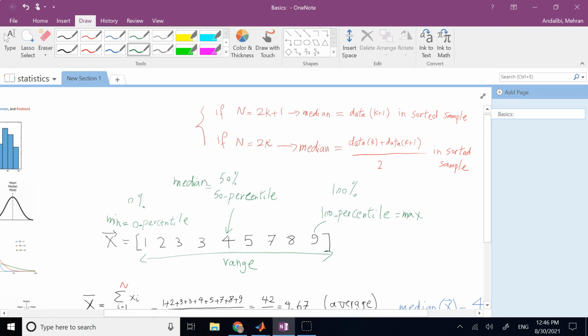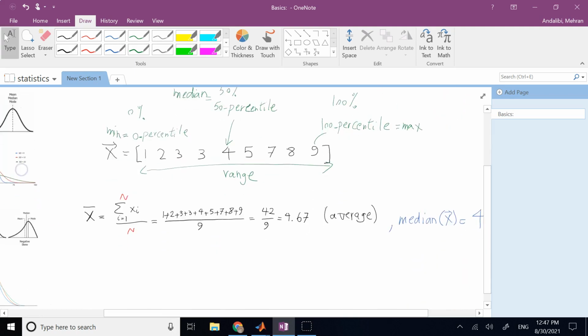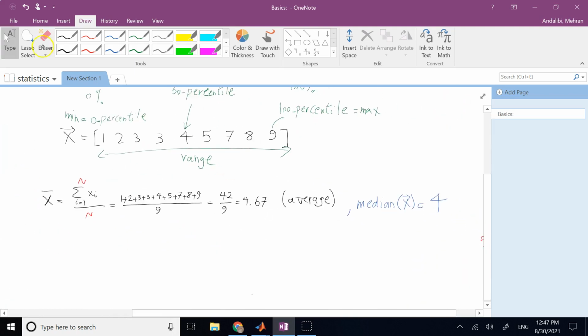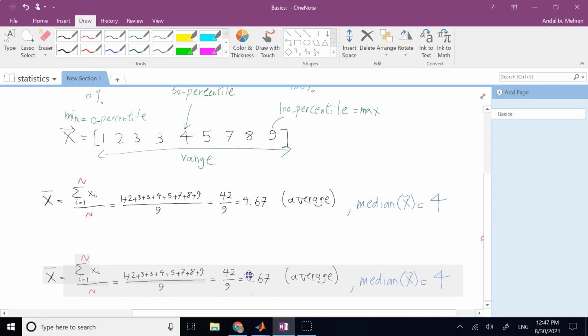But you can define other percentages as well. Like if I say, what is the 25th percentile of the data? Well, if the min here is 0 and the median is 50%, then I can say that the data between the min and the median is the 25 percentile, right?